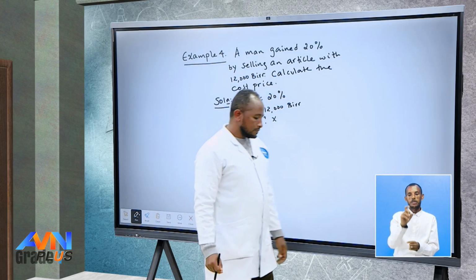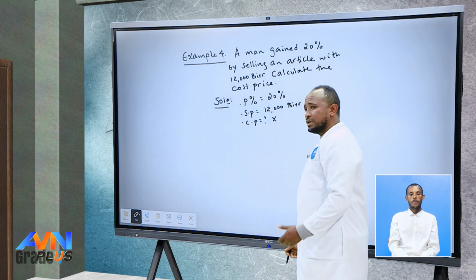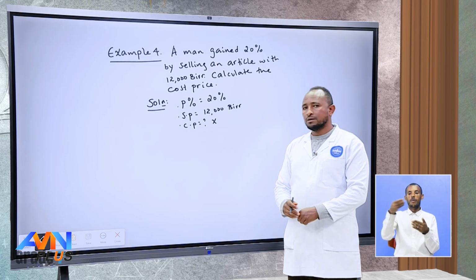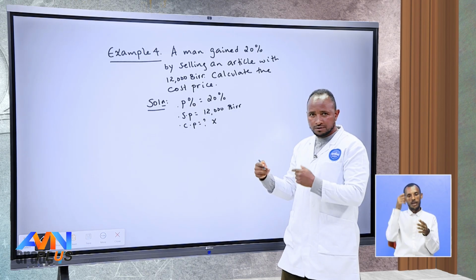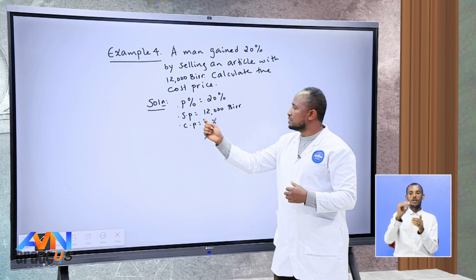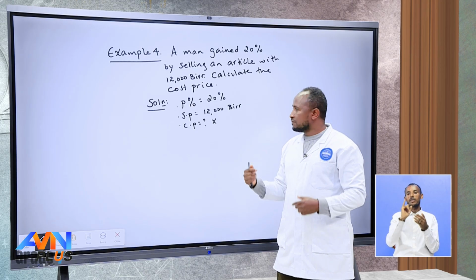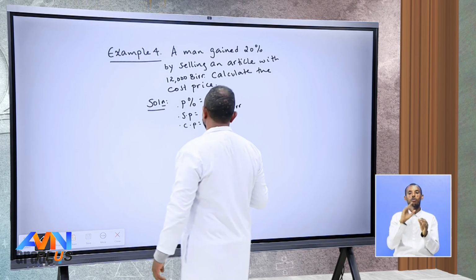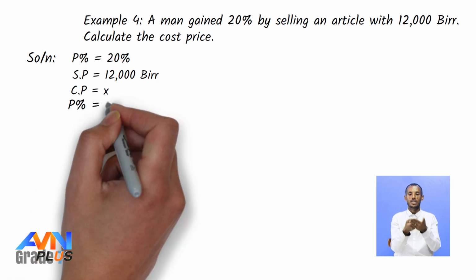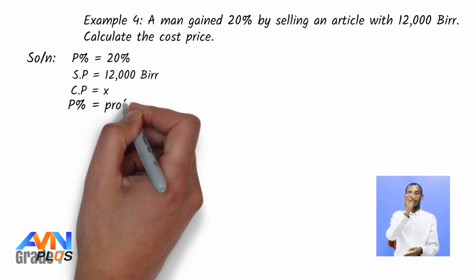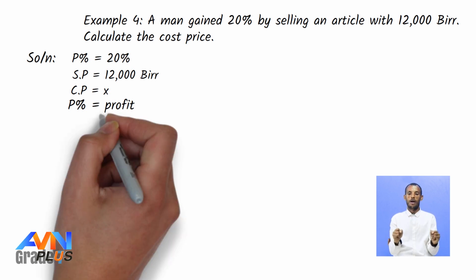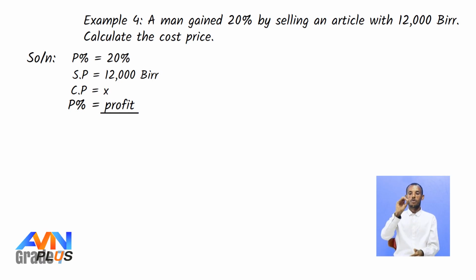In this case, which one is bigger, the selling price or the cost price? Good. Since he has a profit, he sold more than the cost. So the selling price is bigger. Therefore, to calculate the profit percent, we use this equation: profit percent is equal to profit divided by cost price times 100%.